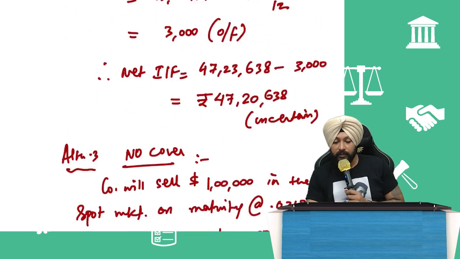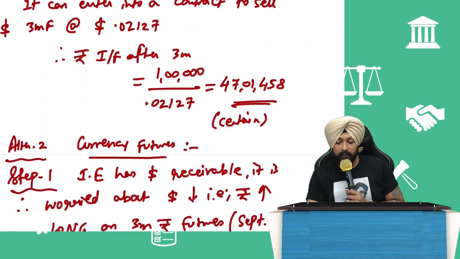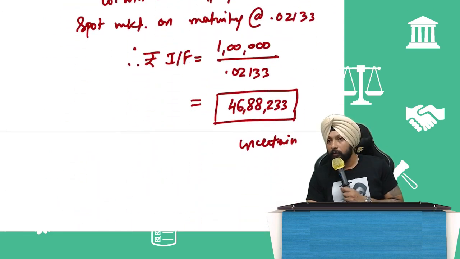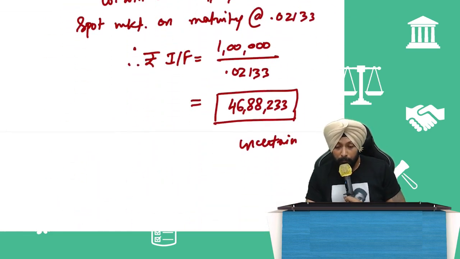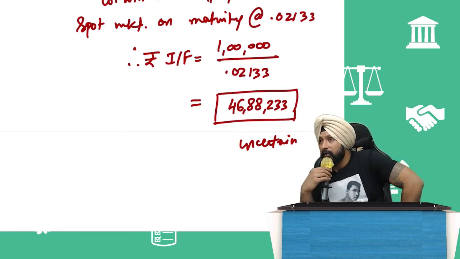So you have 47.20, you have 47.1, and you have 46.88. Where do you get the maximum? Inflow, the higher the better.